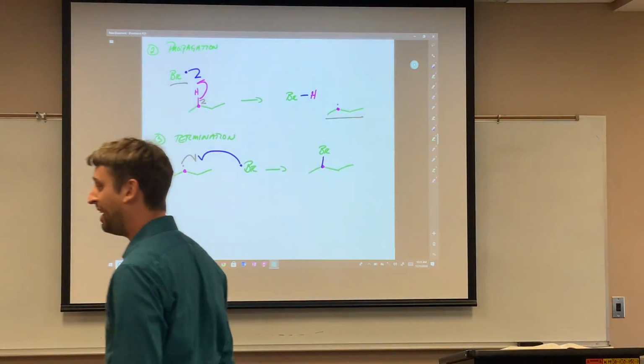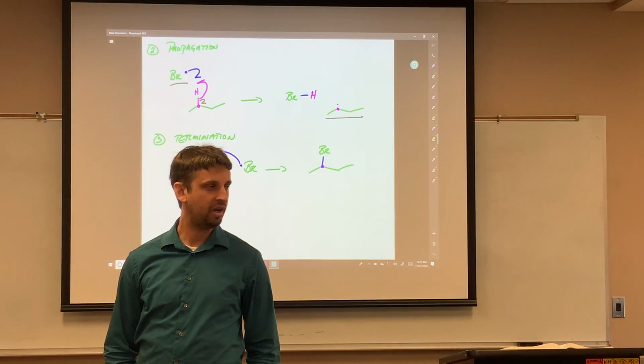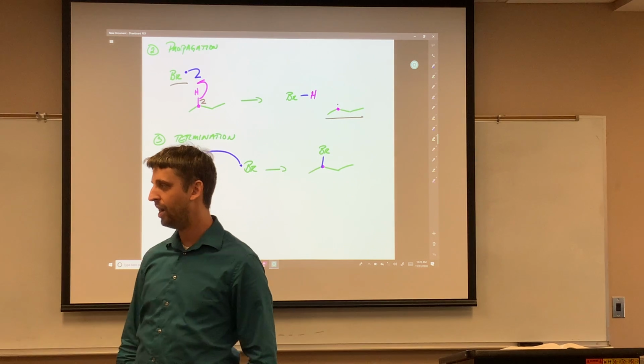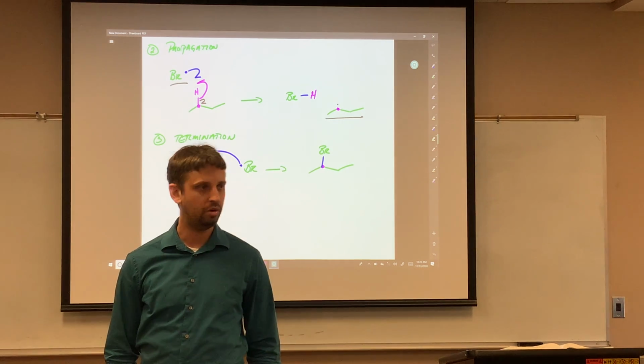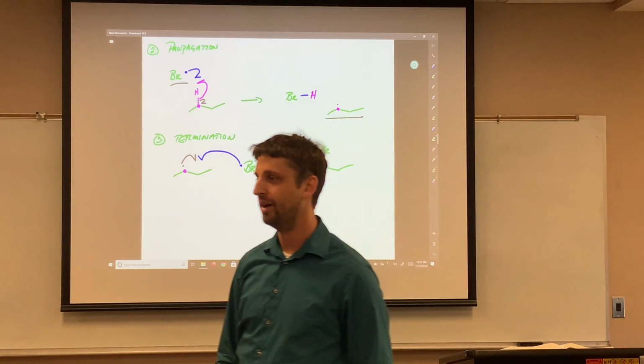We started out with an alkane that had nothing on it, and we end up putting a halogen on. Can you guys do some reactions with halogens? Sure. Now the world is your toy box.